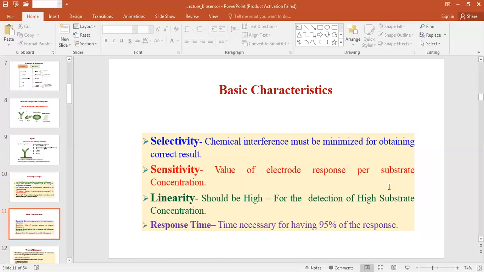Now, working of a biosensor: the electrical signals of the transducer are frequently low and overlaid upon a fairly high baseline.